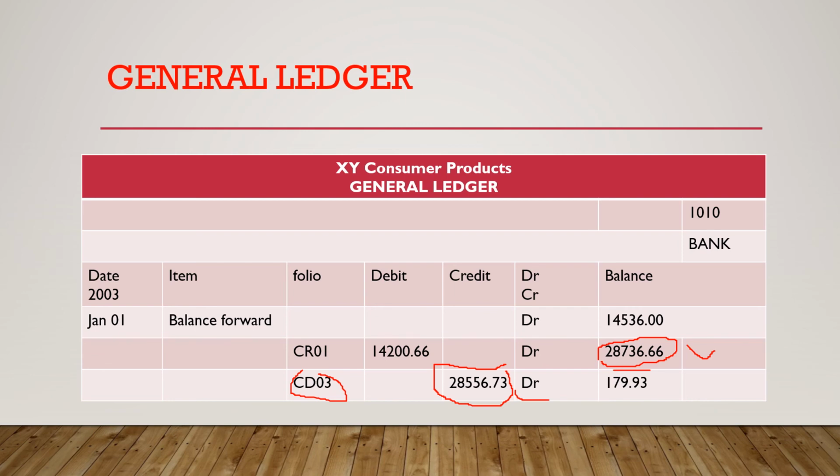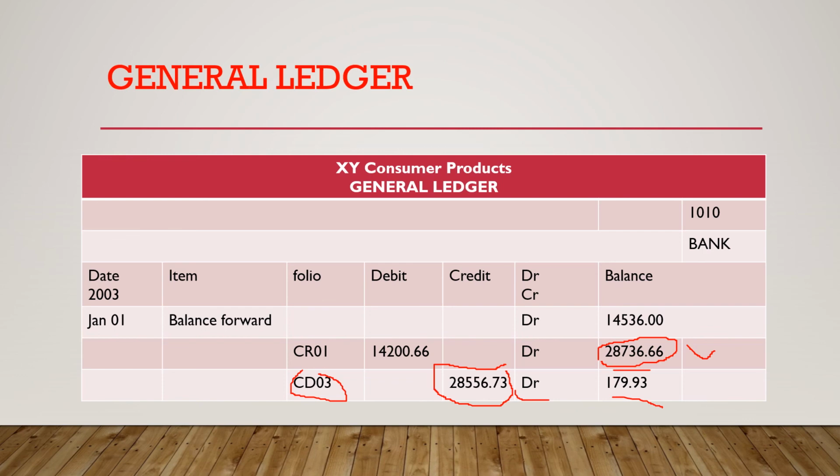So the difference now is 179.93, and because it's a positive number, it will remain as a debit. So the cash that your company has at the end of this month is 179.93.